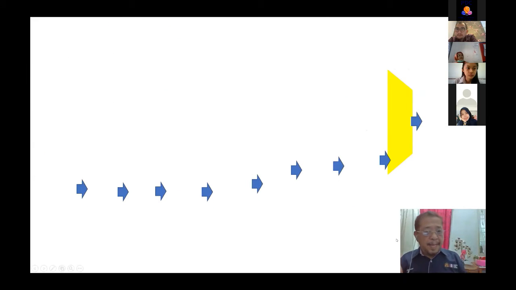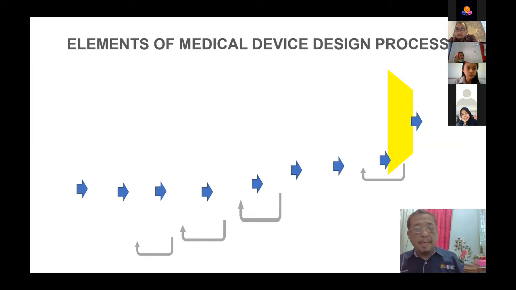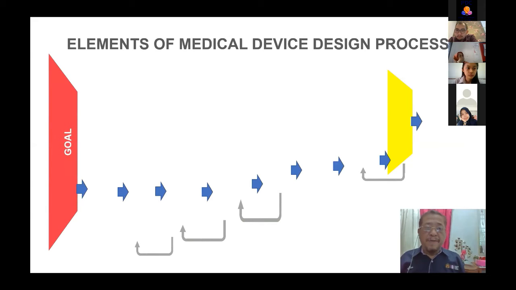The following are 10 elements in the process of designing medical devices. Okay. The first step is to define the goal. Why are you designing it? Tell us the reason. Okay, your main objective in trying to design the medical device.